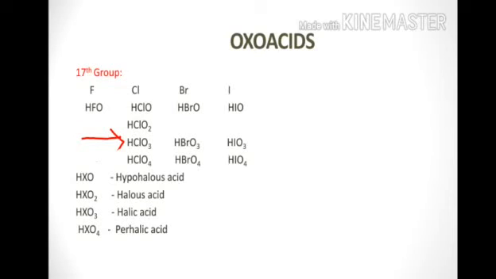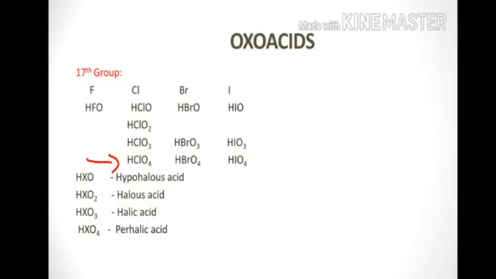Next one is the perhalic acid, which has the formula HXO4, and the examples given here are perchloric acid HClO4, HBrO4, perbromic acid, and HIO4, periodic acid. In these, the halogen exists in +7 oxidation state.